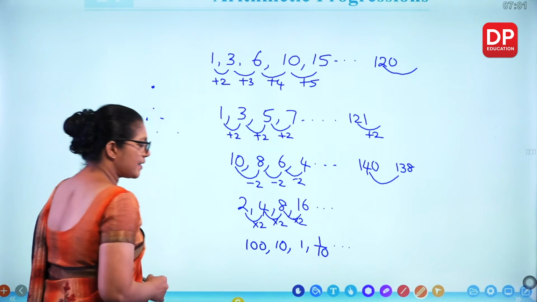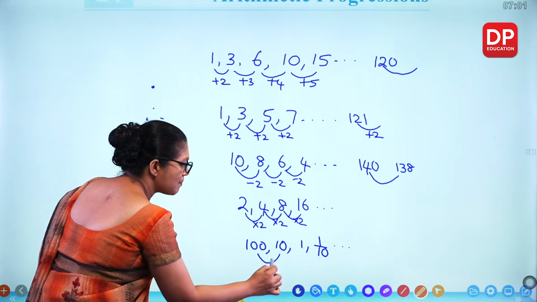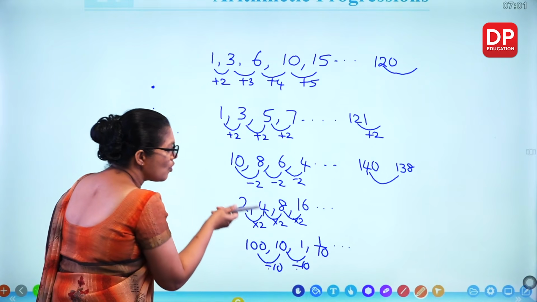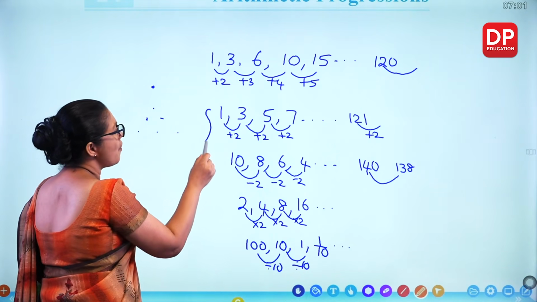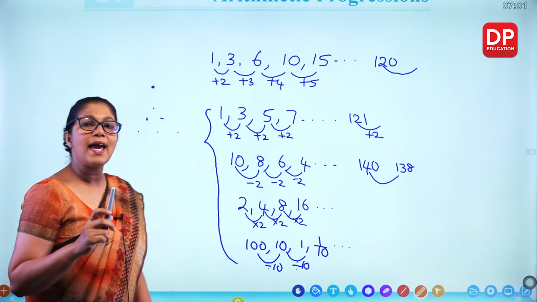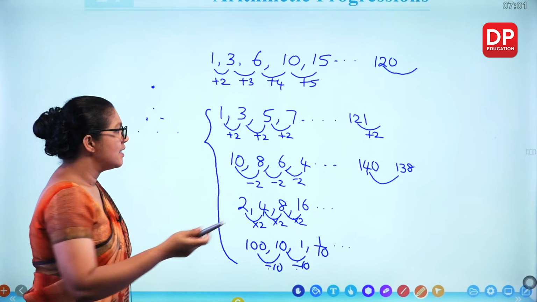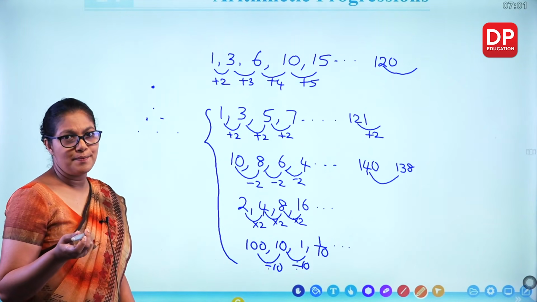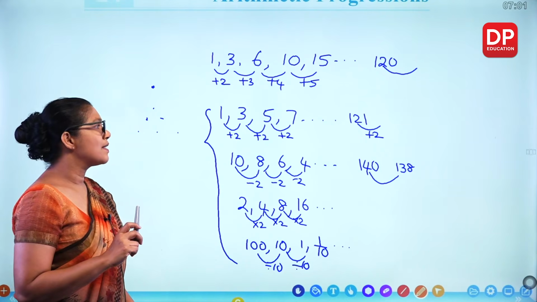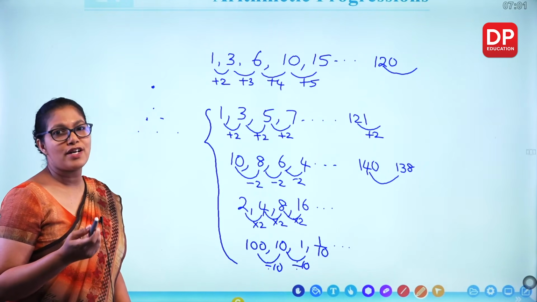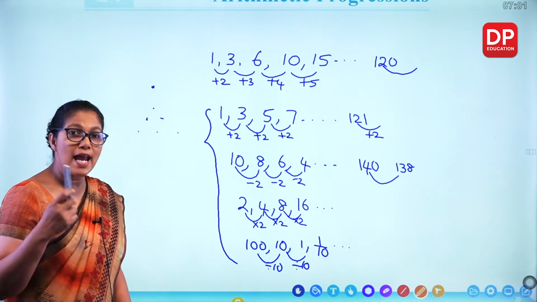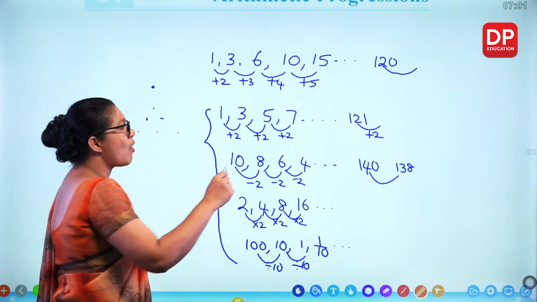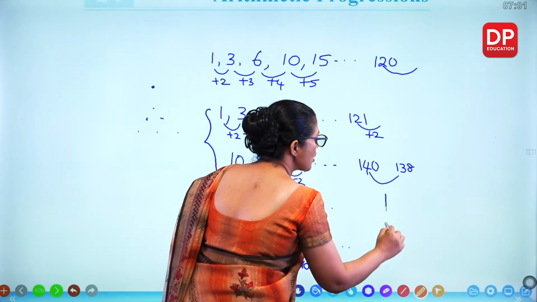What's the pattern? Divide by 10. So in these 4 patterns, we can find the next term if you have given any term. Those sequences we call progressions. If you can find any term by looking at the previous one, we call those progressions.